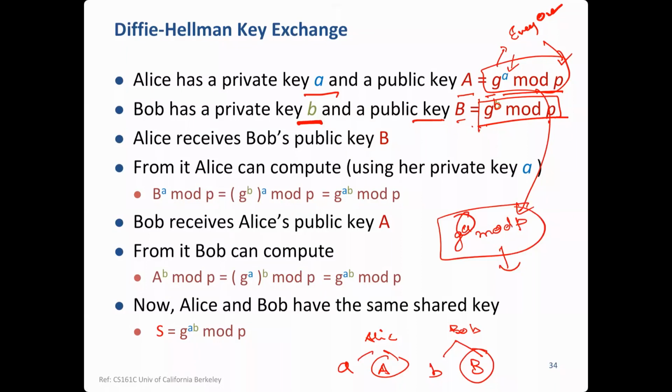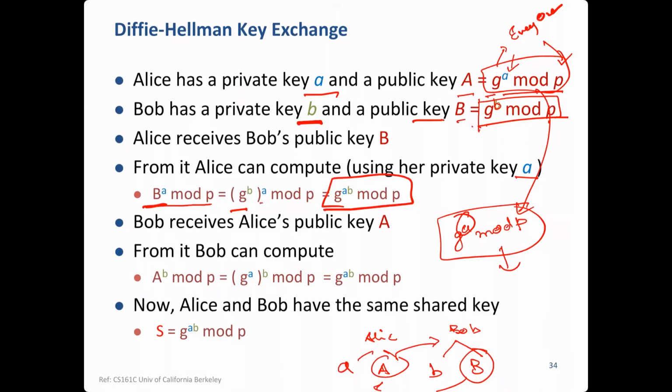What will happen now? Alice and Bob communicate these colors to each other. Alice can compute using her private key a. Alice has received B, Bob's public key, and she exponentiates it with a. So she gets B raised power a mod p, which is nothing but g raised power b raised power a mod p, which is nothing but g raised power ab mod p.